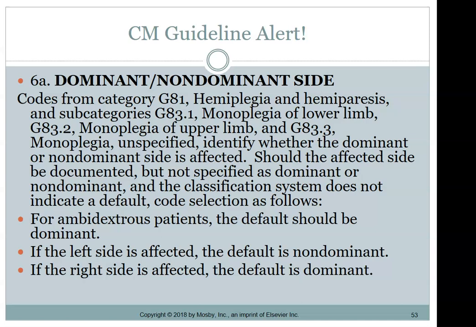Identify whether the dominant or non-dominant side is affected. Should the affected side be documented but not specified as dominant or non-dominant, and the classification system does not indicate a default, code selection is as follows. For ambidextrous patients, the default should be dominant. If the left side is affected, the default is non-dominant. If the right side is affected, the default is dominant.